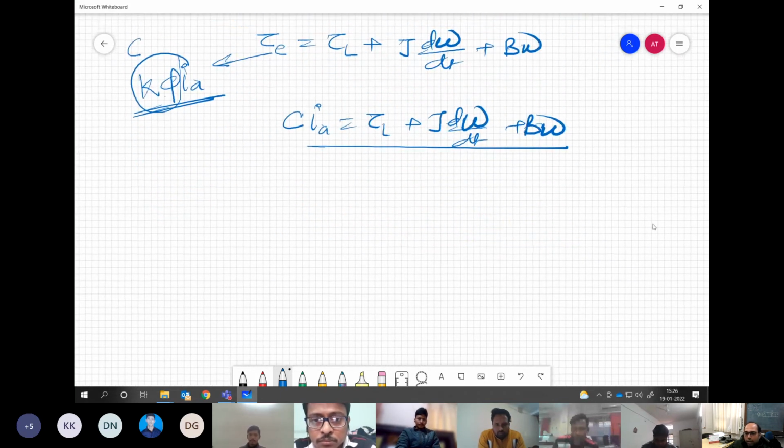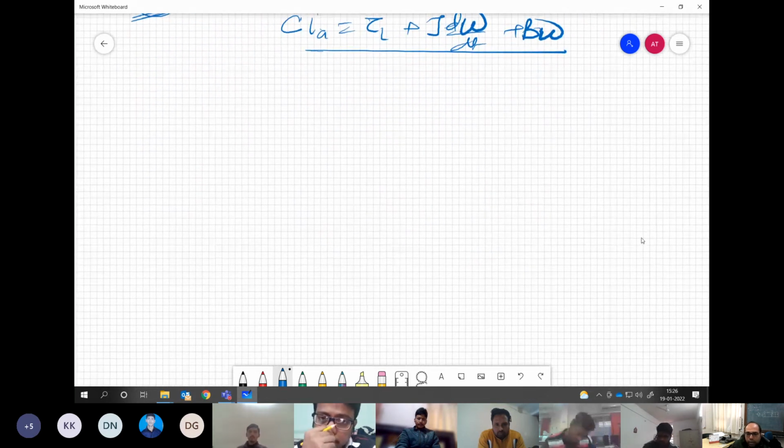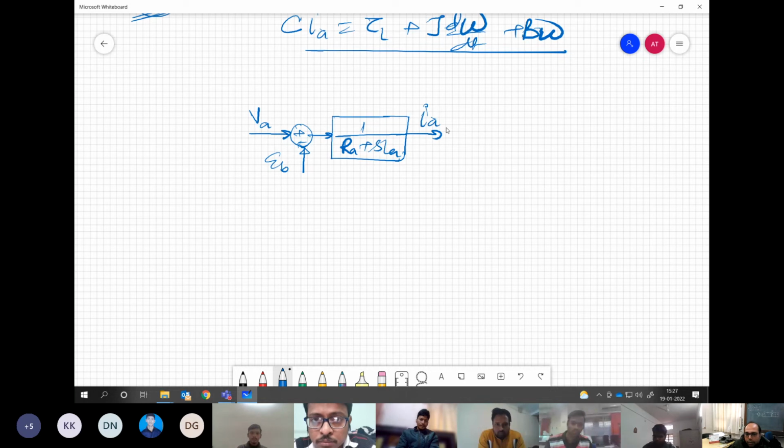Now, if you take the Laplace transform and write it in terms of a block diagram, you have the input VA, from which the back EMF EB is deducted. Then you have the RL circuit, which generates the armature current. This armature current, when multiplied with the constant C, generates your electromagnetic torque.